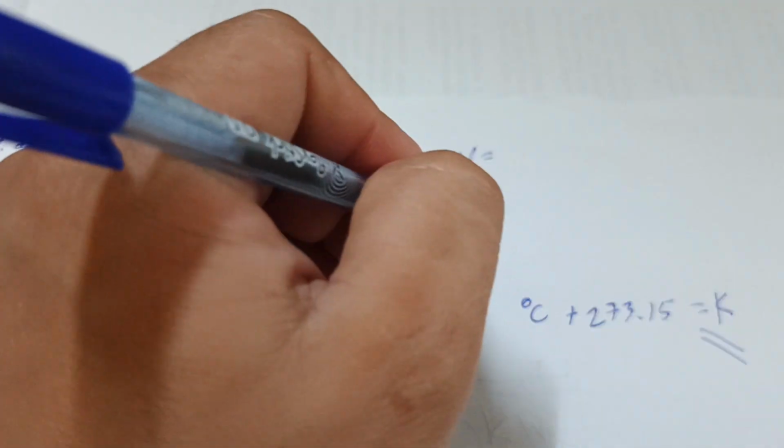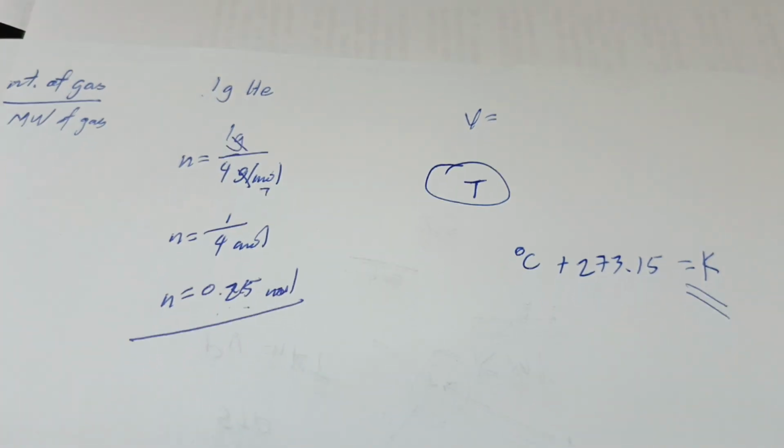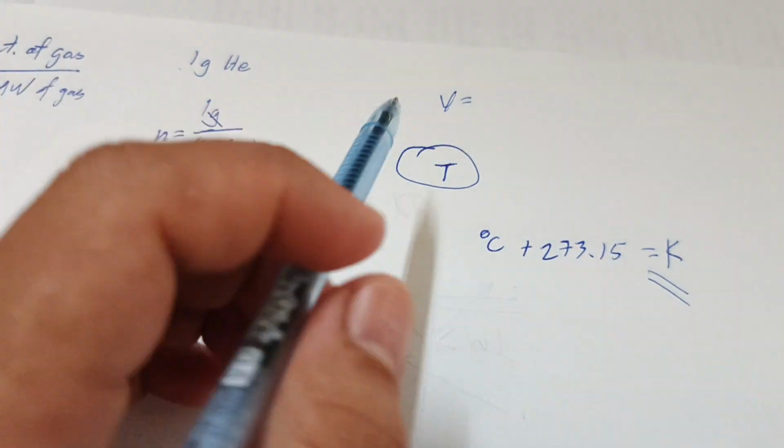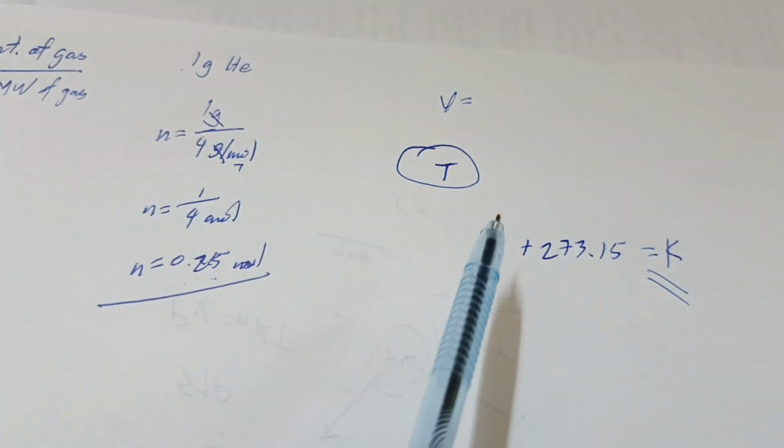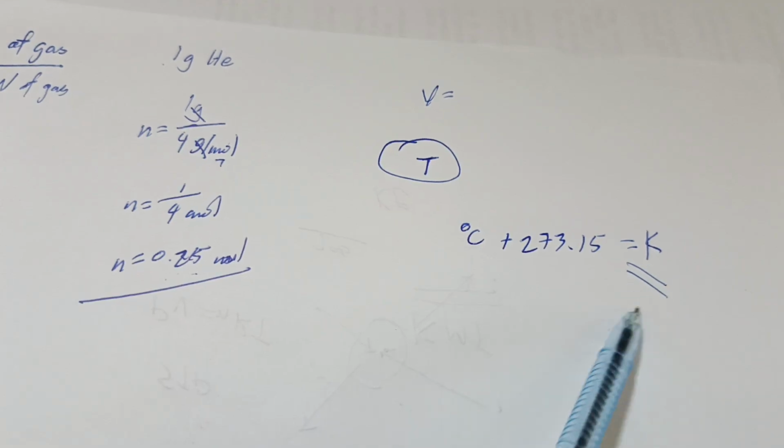You have to deal with Kelvin first, because we are dealing with absolute temperatures. That is why any temperature units should first be converted to the Kelvin scale.